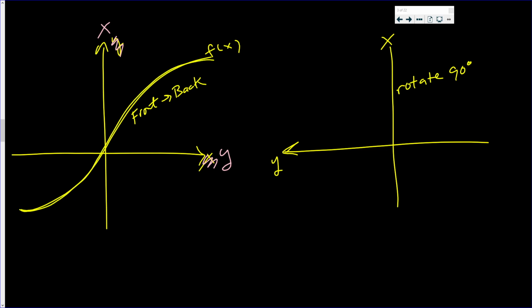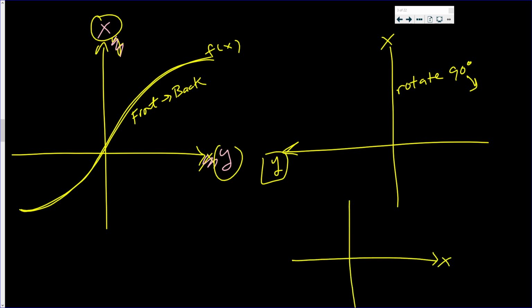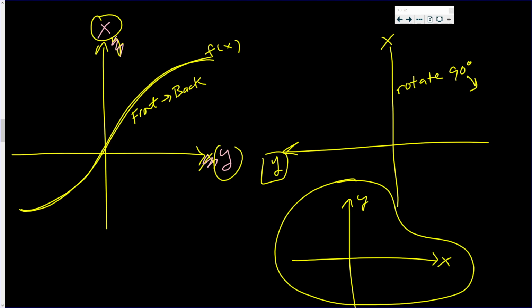We're just playing games with the paper itself. You just flip the paper around. Keep X on the top, and when you rotate front to back, the Y comes here. Now you rotate it 90 degrees clockwise. And what will happen is X will be here and Y would be here. And whatever you see now, that's the inverse.